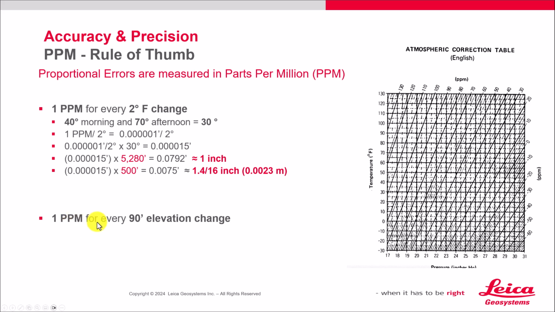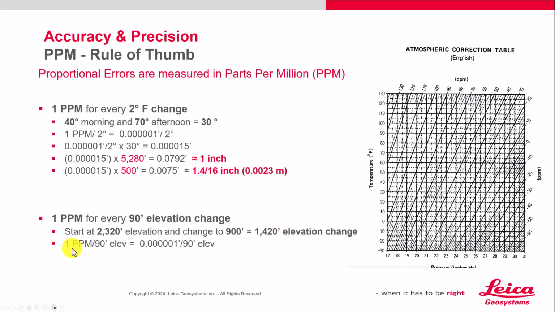Now, 1 part per million for every 90 feet of elevation change. So let's say you started at elevation 2,320 and you changed to 900 feet. So you moved 1,420 feet in elevation. Well, we've got the 1 part per million per 90 feet, so we've got this ratio. I won't read all the zeros to you this time. Divided by 90 feet of elevation.